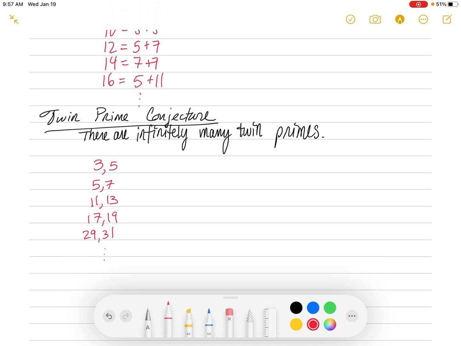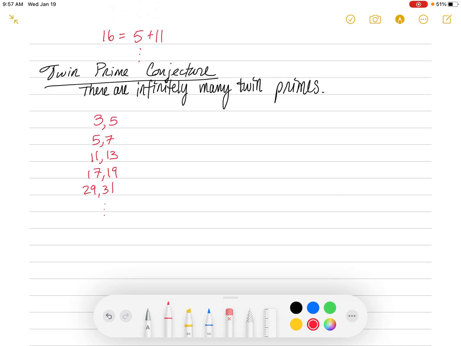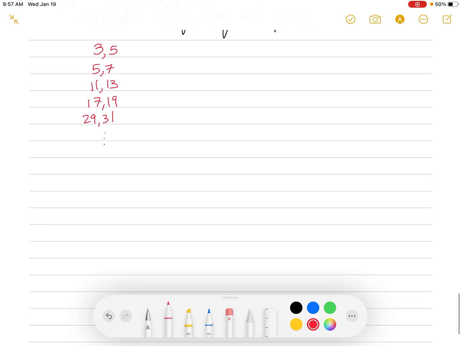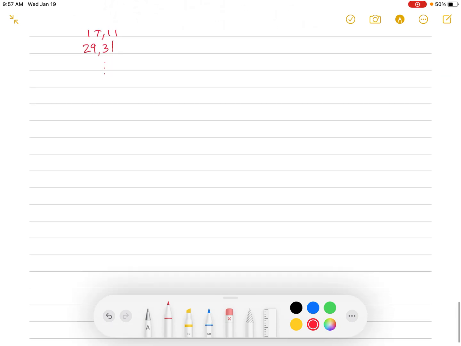People think. But who knows? Maybe when you get way up there, in the trillions of digits, maybe they stop somewhere. So no one's been able to prove whether this is a true statement or a false statement. It looks like it's true. So if you can prove it's true or prove it's false, you can get a lot of money, I bet.